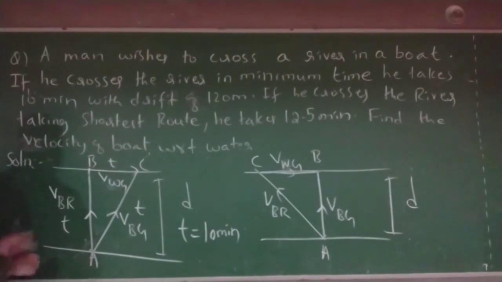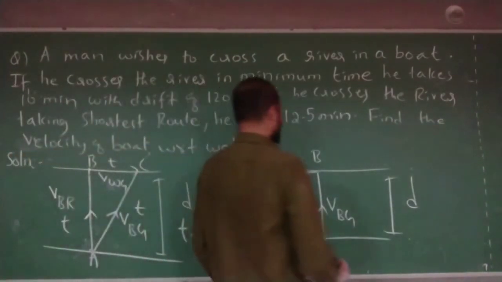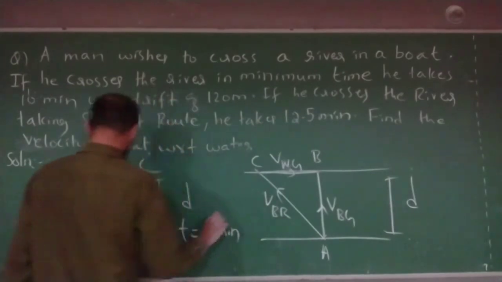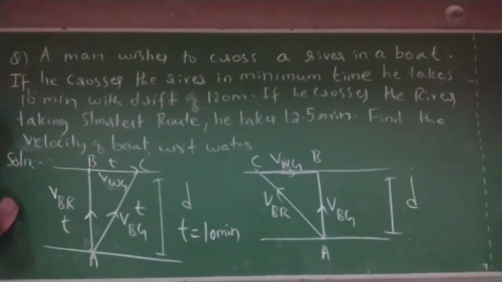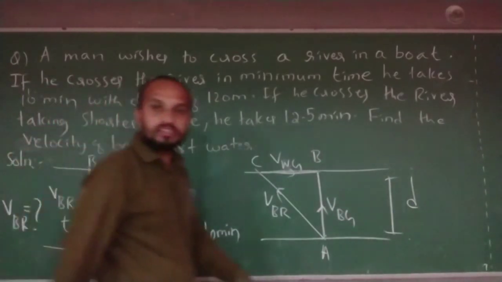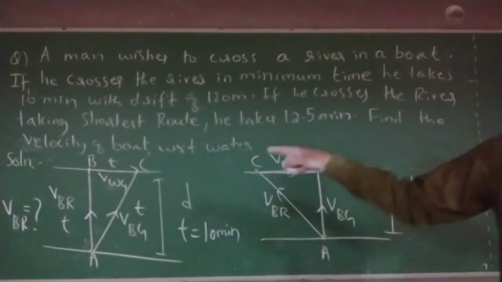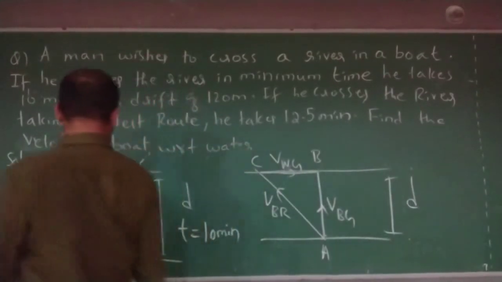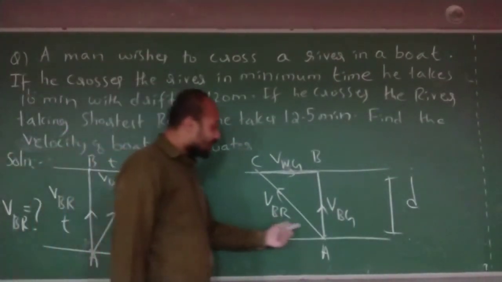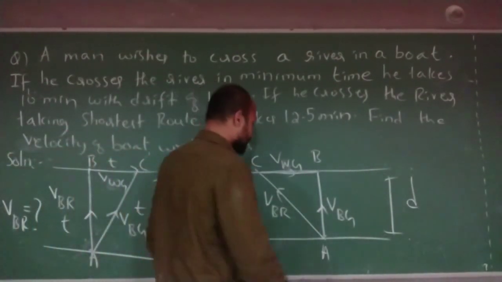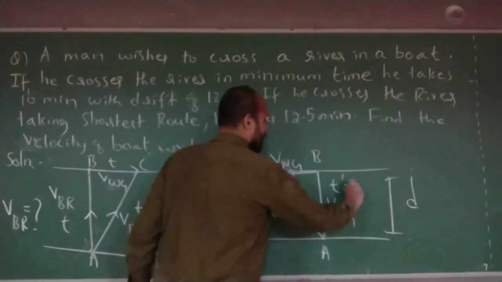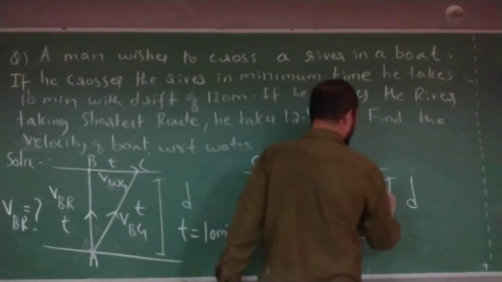What is the question? Between these two, the question which they are asking is VBR. Are you understanding? This is the question. Our target is VBR. Here, when he will travel the path like this, the time taken he has given is 12.5 minutes.